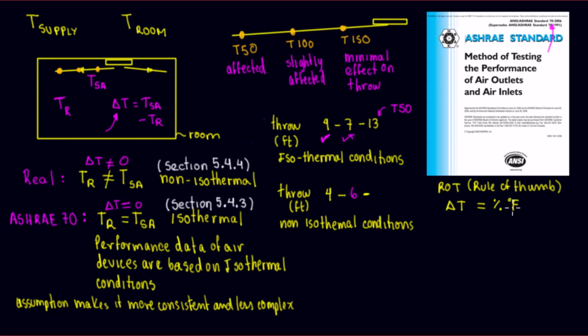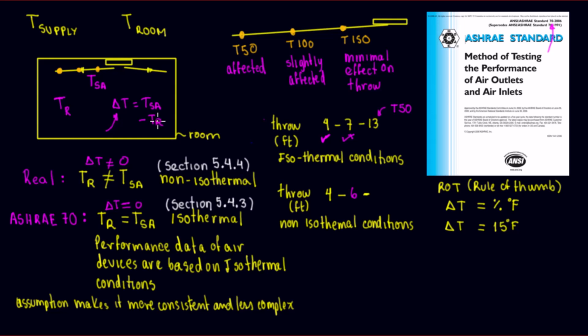Okay, so for example, if delta T equals 15 degrees Fahrenheit. Okay, so what was delta T? Delta T was the difference between the supply air and the room temperature.